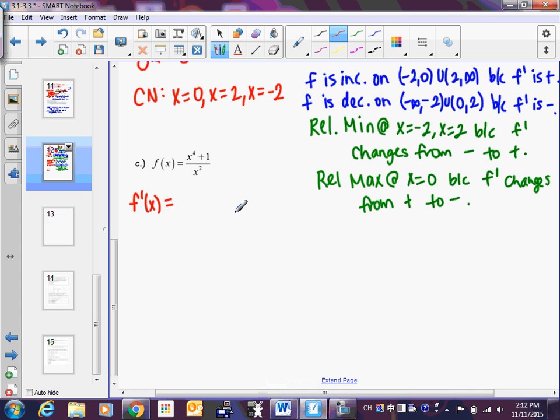I really don't think that's much easier in this case, so I'll go ahead and go with what you guys said, and let's do quotient rule. So derivative of the top, that would be 4x cubed times the bottom minus top times derivative of the bottom, all over the bottom squared.